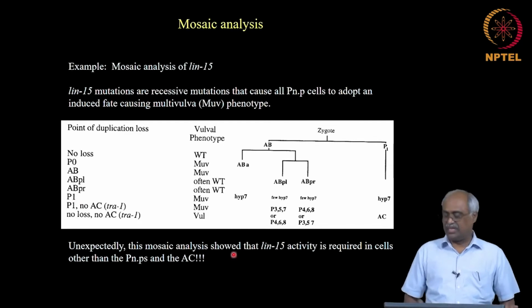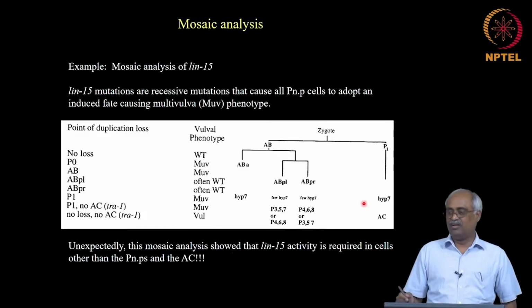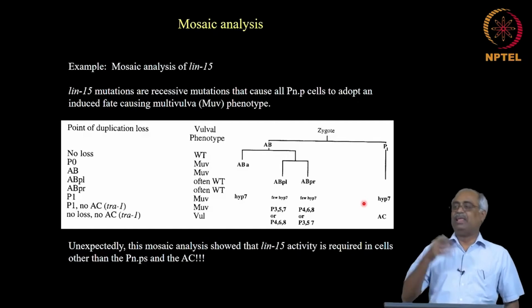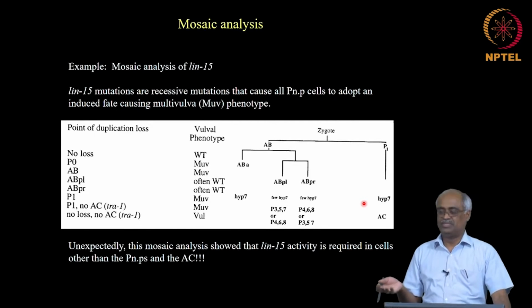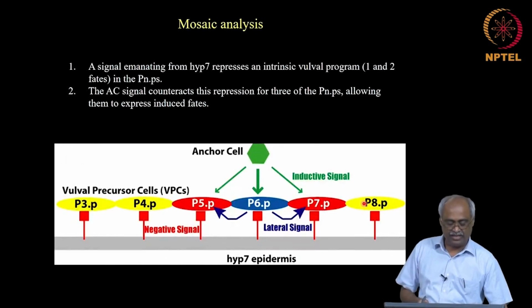This was surprising for people and then they learnt that basically all these cells, unless a negative signaling acts to suppress, will actually get into induced fate. That is cartooned here.